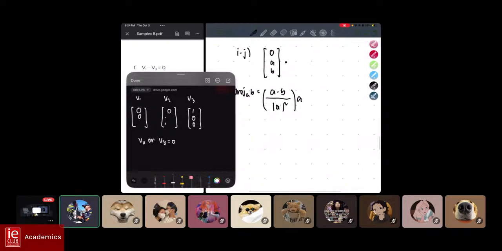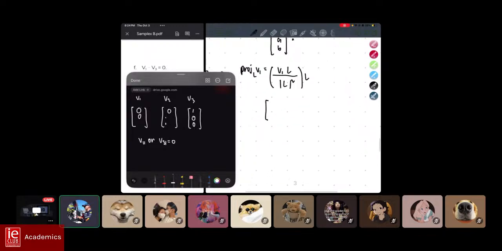So we'll take the dot product of, so basically this will just become L, and then this will just become V1. So V1 dot L, and then L squared, then times L.